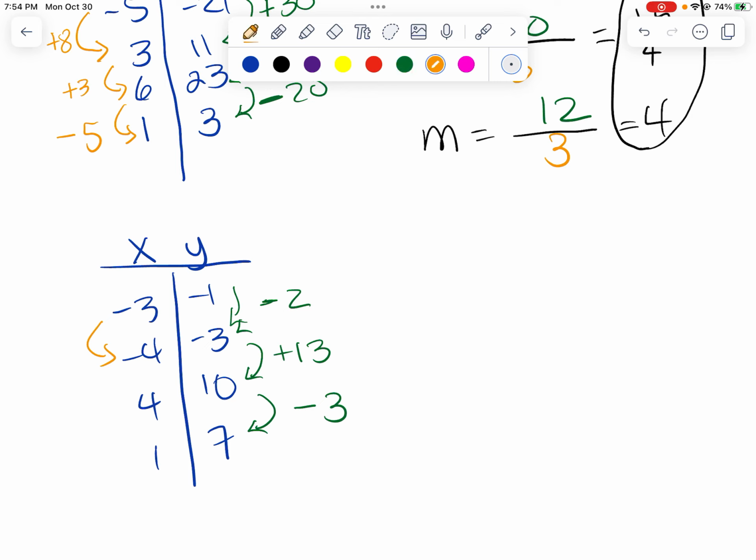This over here went down 1. This one here went up 8. I think I put the wrong number in here. Again, it went down 3.